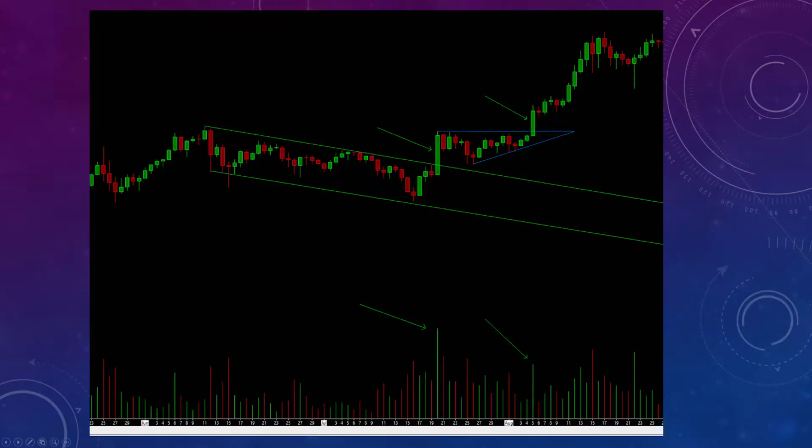Here's a very good example of what I mean by that. As we can see, price is in a downtrend right here, and you can see volume through this period is also pretty weak. It's moving like this, not super strong.